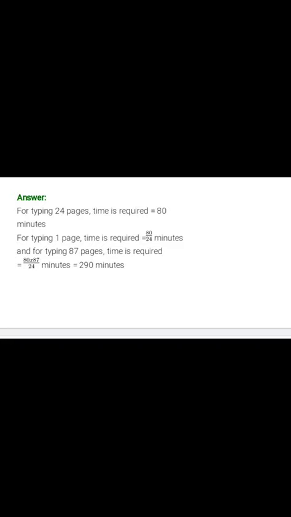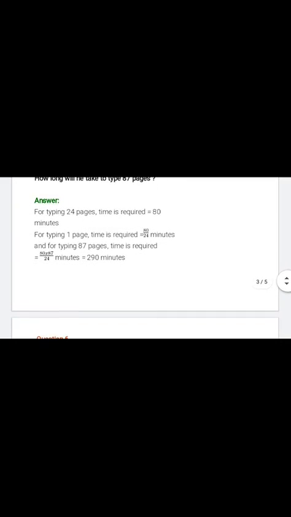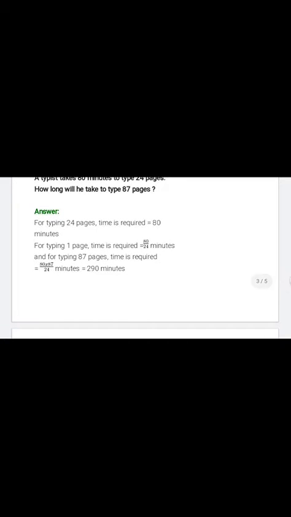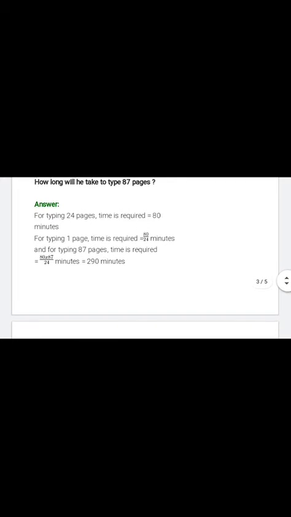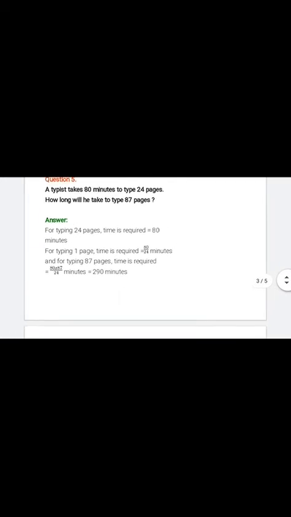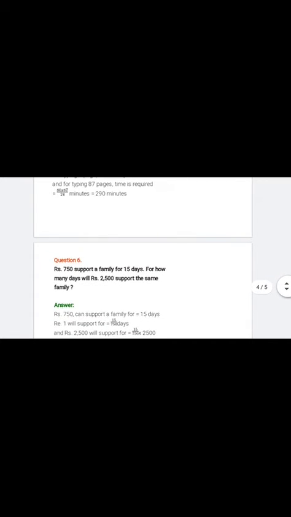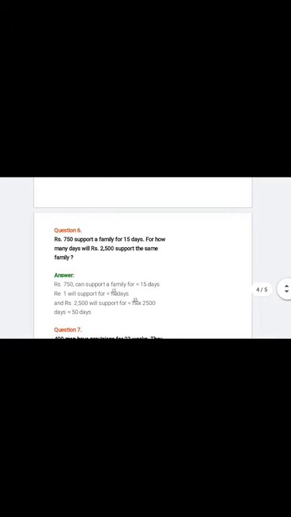So 80 upon 24 multiplied by 87, the multiplication will be 290 minutes. You can write this answer in hours and minutes also, or you can keep the answer as it is. Now we will see question number 6.